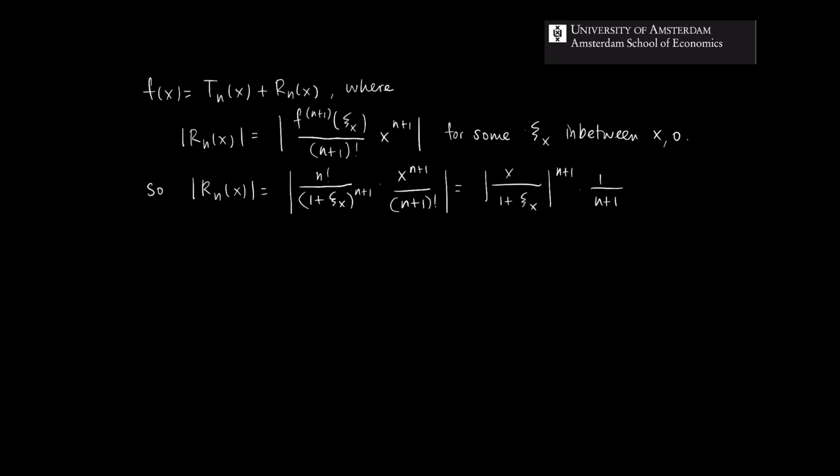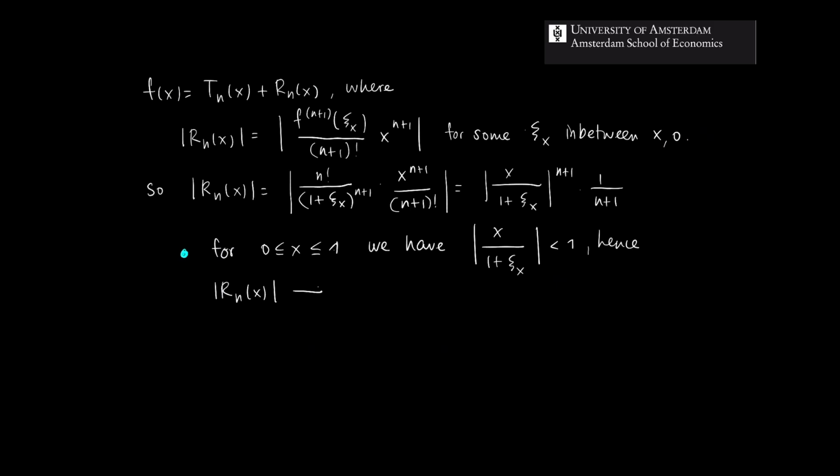So if x is non-negative, for x in between 0 and 1, we have that x divided by 1 plus psi(x) is smaller than 1, and hence we see that the remainder term goes to 0 for n to infinity. But for x smaller than 0, it's not at all clear.